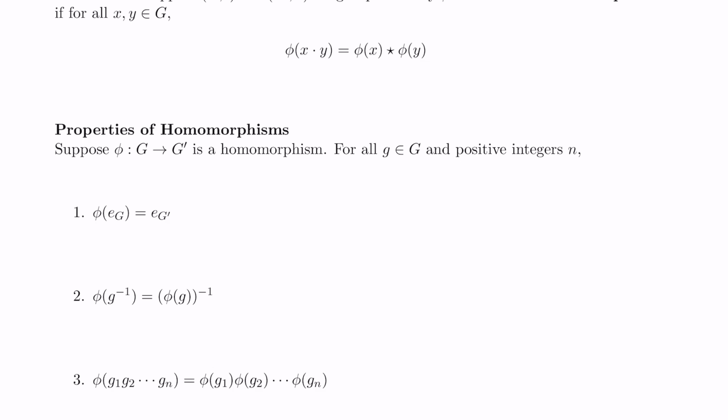First of all, the identity in G will get mapped to the identity in G prime. Now you notice these weird symbols e_G and e_G prime here. The reason that we have them written like this is because we can't use e generally, because these groups are different and they have different identities. So this here is the identity in G, and this is the identity in G prime.